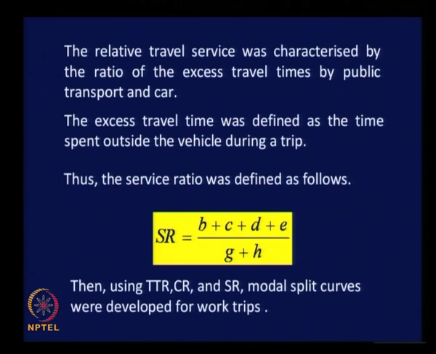They considered the factor related to socio-economic characteristics by dividing the group of travelers into three basic groups: low income, middle income, and high income groups, and developed mode choice curves for these three groups independently. That takes care of the influence of socio-economic characteristics on mode choice.